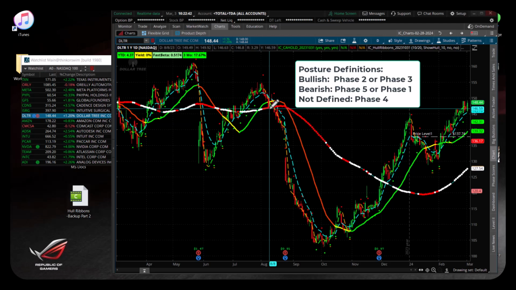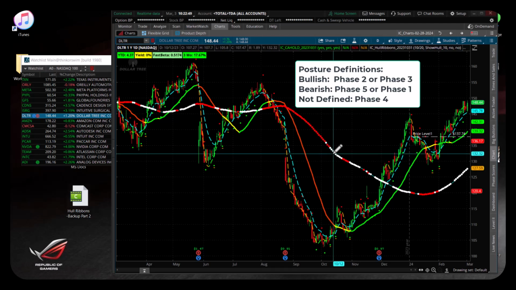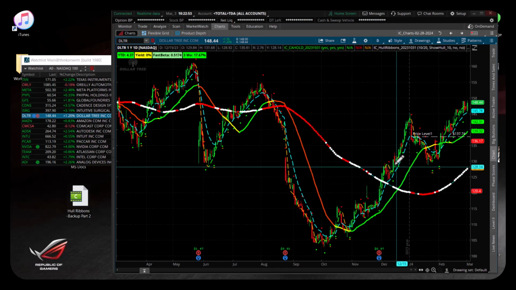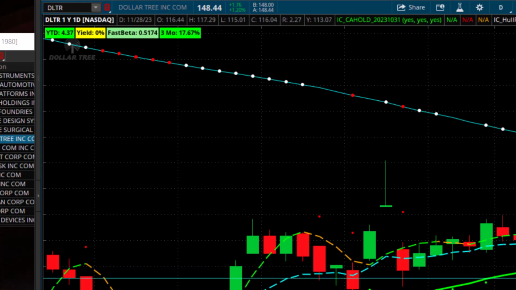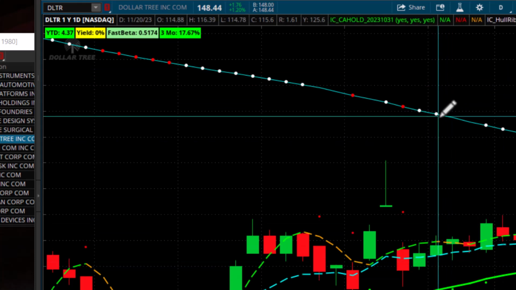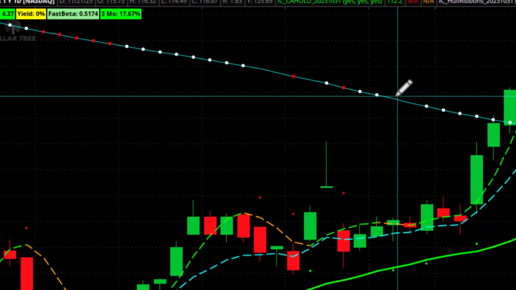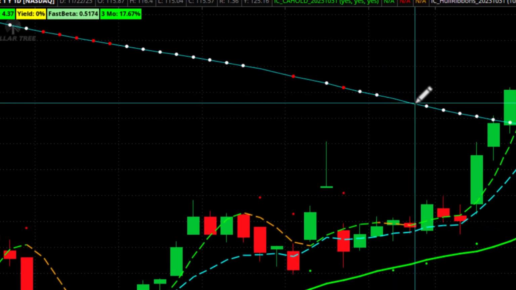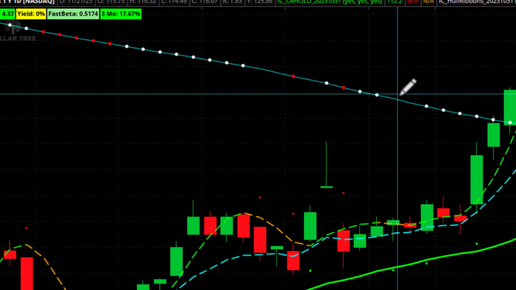Those are red dots. And white dots correspond to phases 2 and 3. If it falls into phase 4, right here, where it's phase 4, there's no dots at all. And basically phase 4 kind of sort of means we don't know what's going on.